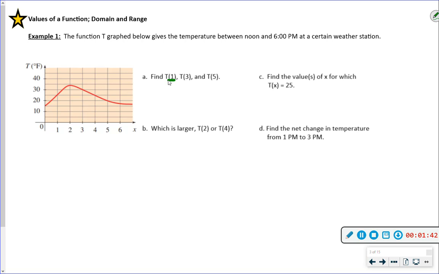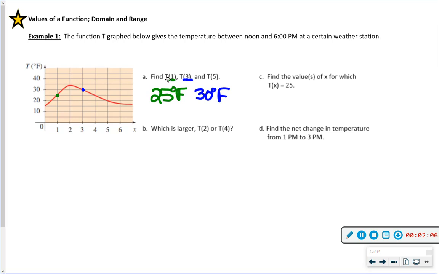So at 1, the temperature is right there, halfway between 20 and 30, 25. And I'm just going to put a nice little label on it. I'm going to do T of 3 in blue. So again, at 3, up to the graph, it's 30 degrees Fahrenheit.